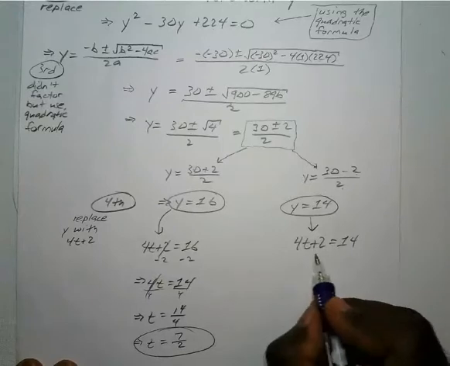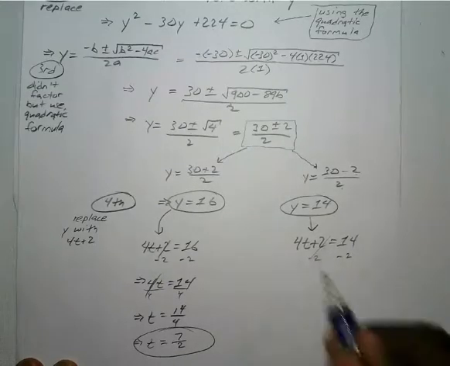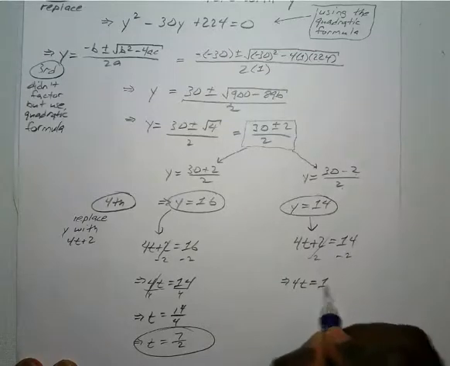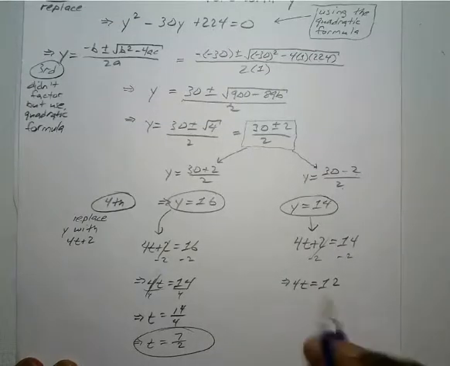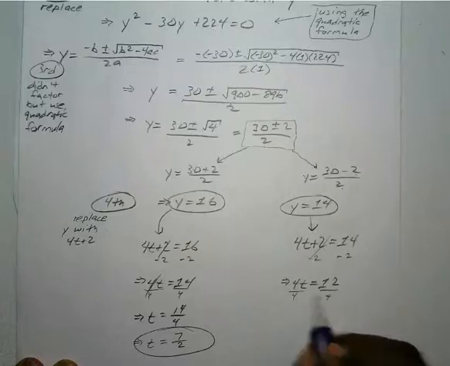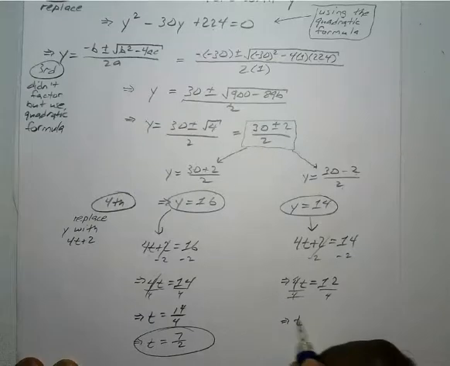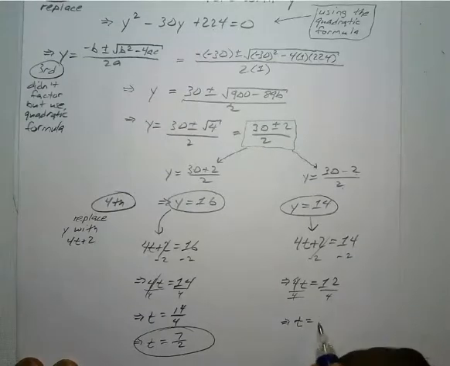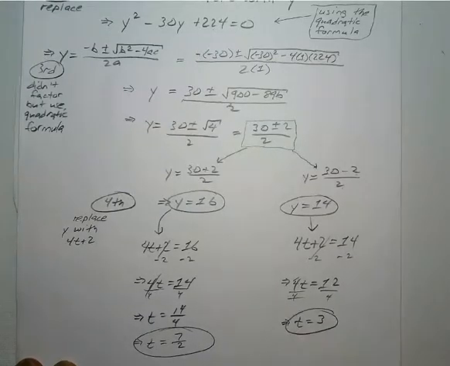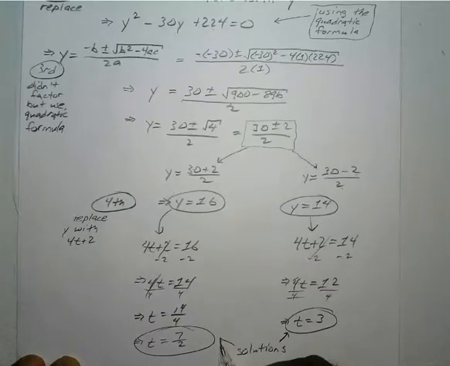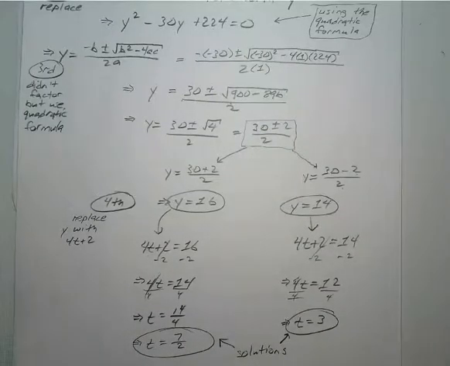Now here, if we subtract 2 from both sides, we get 4t equals 12. So we divide both sides by 4, and we end up with t equals 12 divided by 4, which is 3. So your solutions are t equals 7 over 2 and t equals 3.